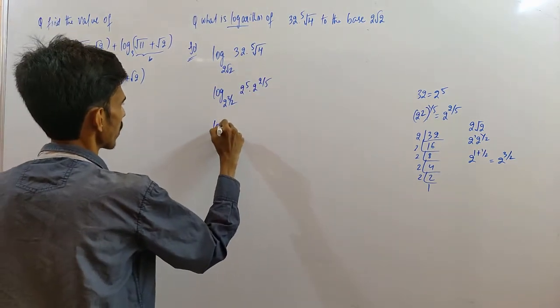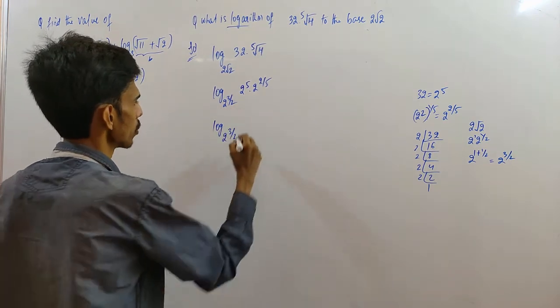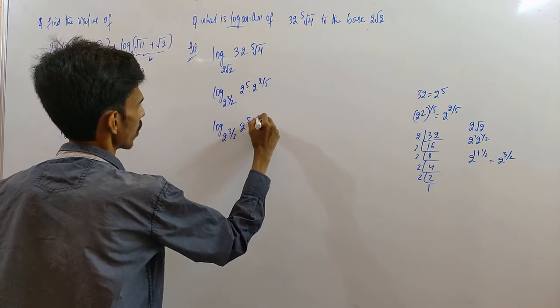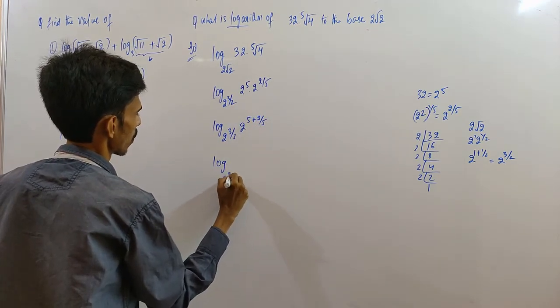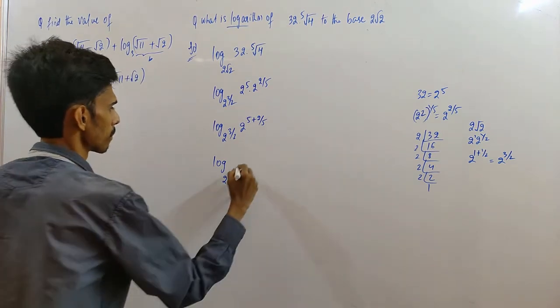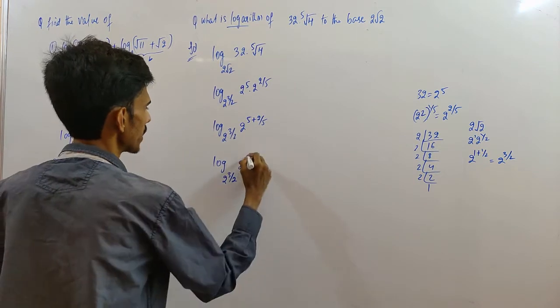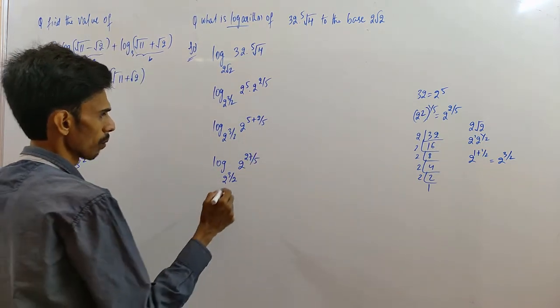Now we have log base 2 power 3 by 2. Bases are same, powers should be added. So write down 5 plus 2 by 5. This can be written as 5 fives are 25, 25 plus 2 is 27, so 27 by 5.